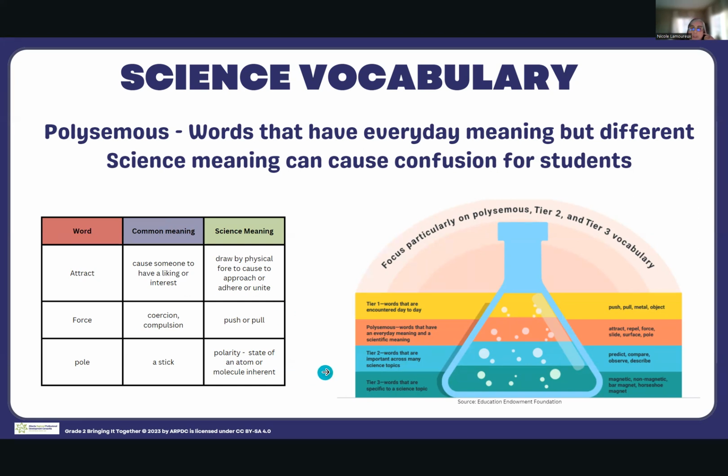The report talked about different tiers of these words, but they're not like tier one from ELAL. There are everyday words like push and pull. Then there are words across the science disciplines, the scientific methods like predict, compare, observe, and describe. And then there are words specific to the organizing idea itself, like magnetic or bounce in this particular piece.